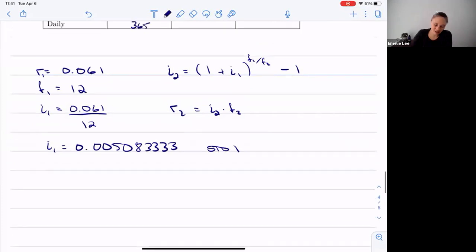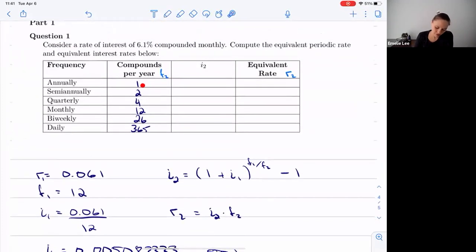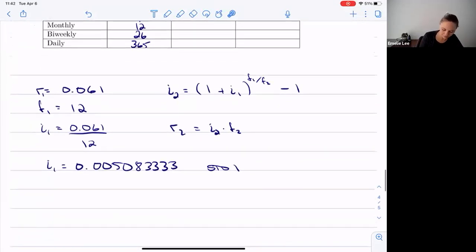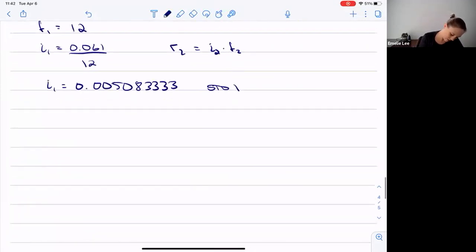I2, when I'm moving to an F2 of 1, and then I'm going to do it for 2, and then 4, 12, 26, 365. Let's just do the first two together, and before I post the notes, I'll fill in the rest, because I don't want to waste time doing the same thing over and over.